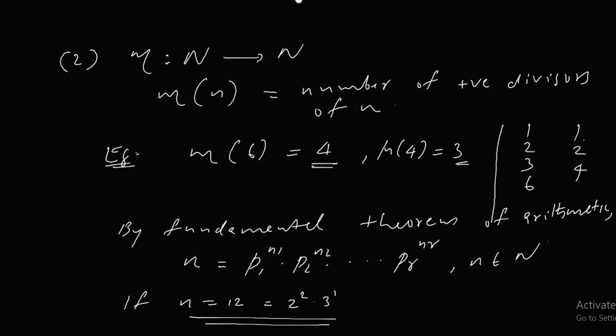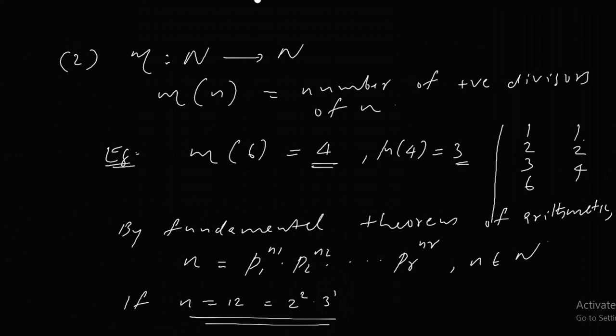Once you factor like this, what is eta of n? Just look at the powers here: n1, n2, up to nr. Just add 1 to all these powers and then multiply them, and that is the formula. So eta of n is n1 plus 1 times n2 plus 1 and so on, times nr plus 1, because there are only r powers here.